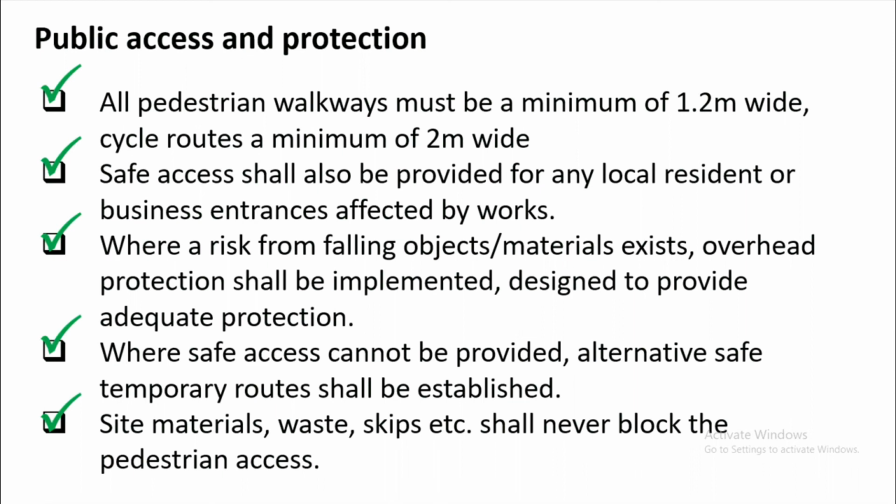Site materials, waste, skips, etc. shall never block the pedestrian access. When you are putting the materials, make sure they are not placed on the pedestrian access, including your waste and your skips. So make sure you have a designated location for all of those materials and waste.